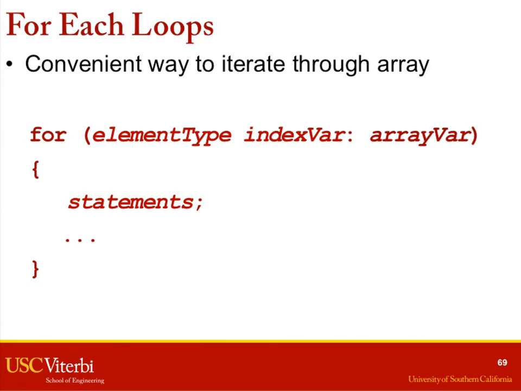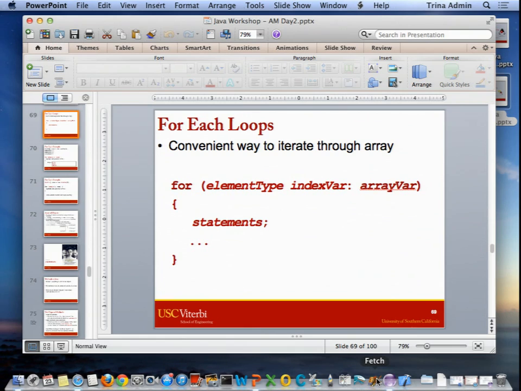And you have an element. This index variable is pointing to that element of the array. Okay? So why don't we do an example so you can really see, because I think that would be better.